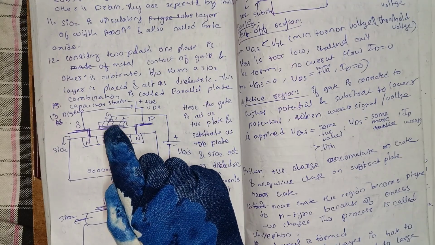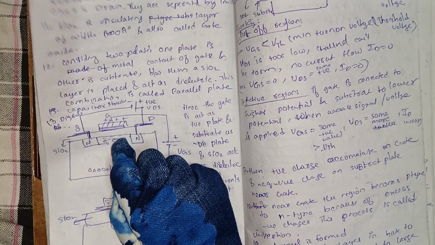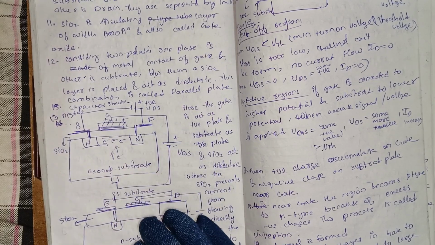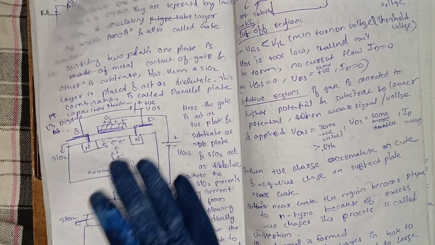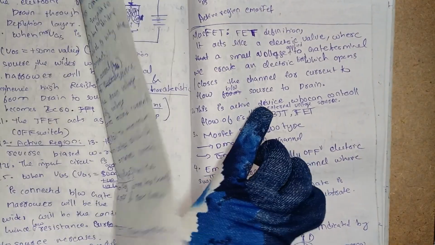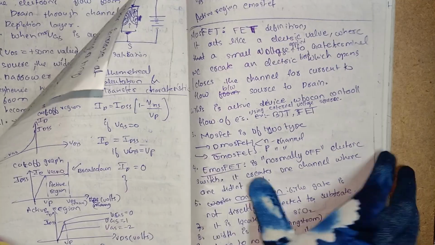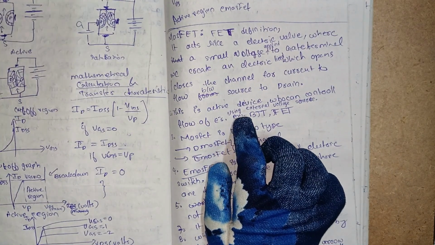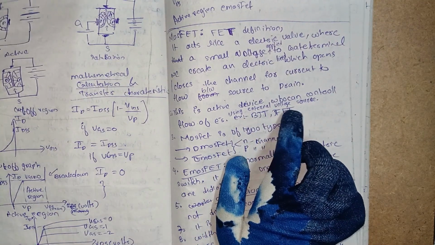So this electric field opens or closes the conducting channel for current to flow from source to drain. Then we will see it is an active device which can control the flow of electrons using an external voltage source.